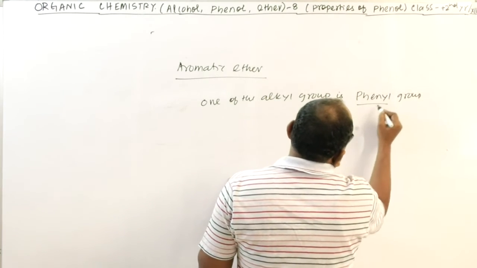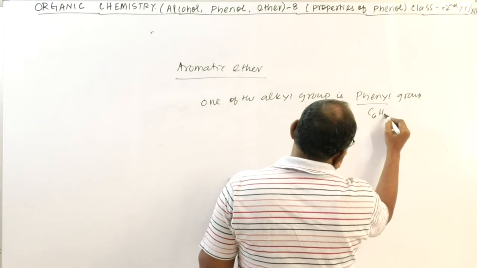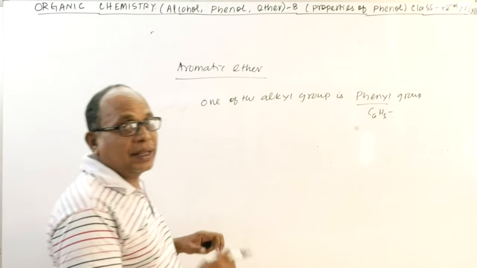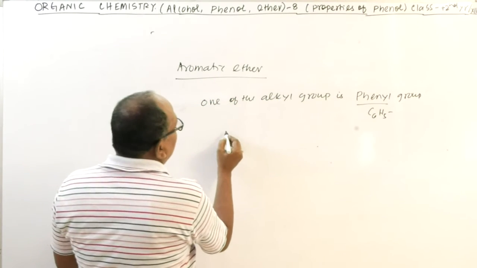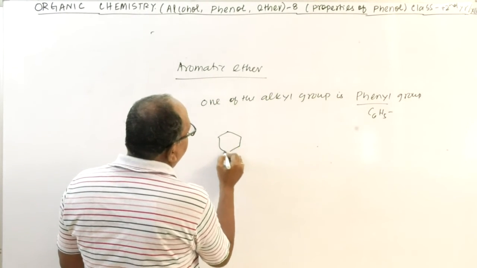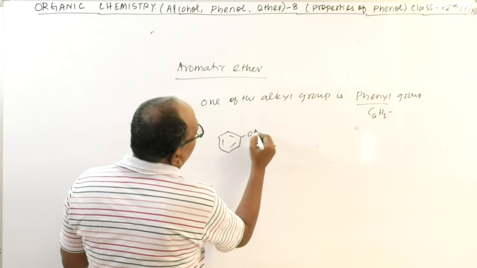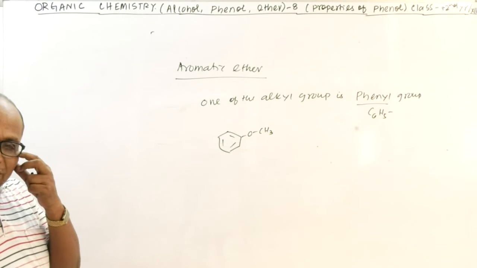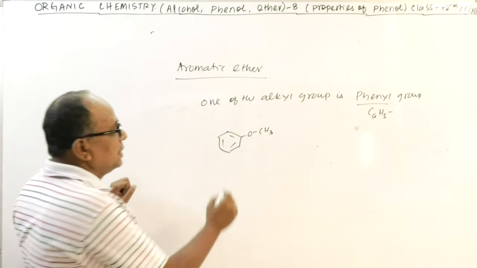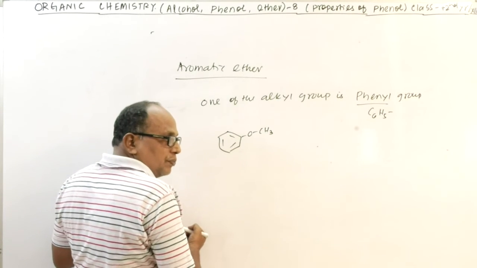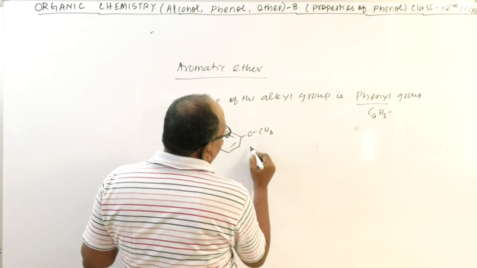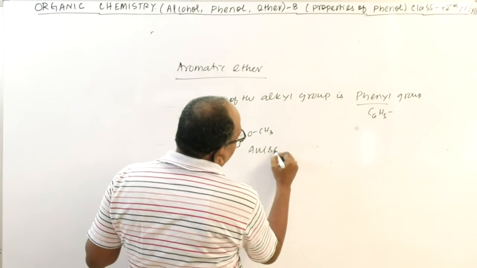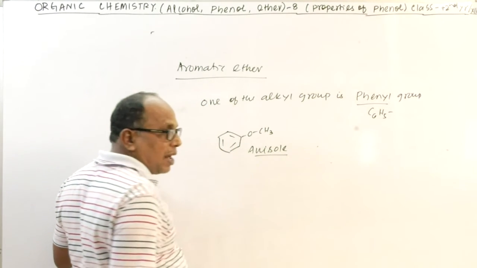What is a phenyl group? Phenyl group means C6H5. For example, this is your phenyl group, O, this is CH3. This is an aromatic ether because it contains a phenyl group, and this is known as anisole.